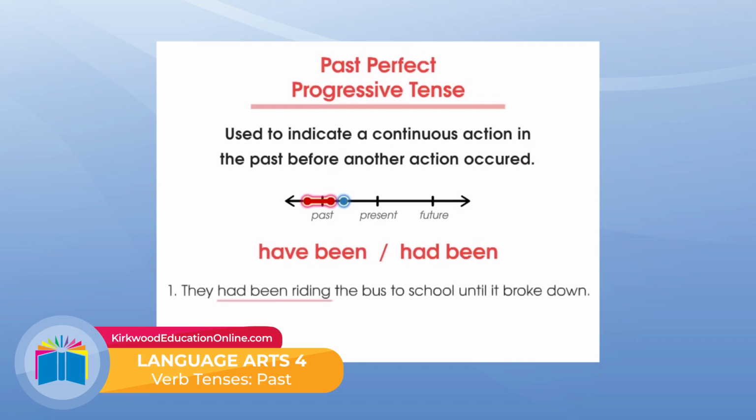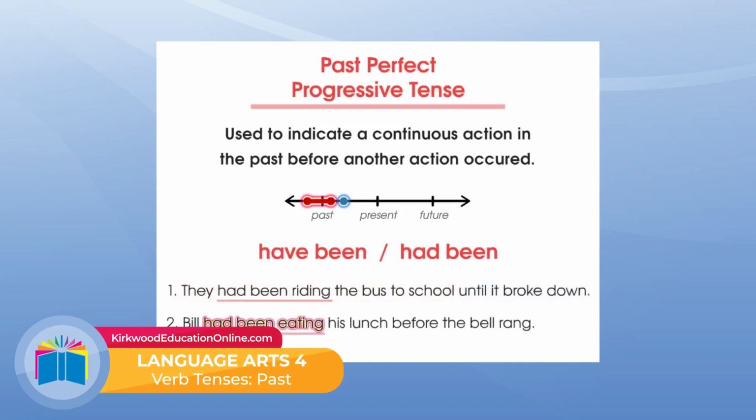Look at sentence number 1. They had been riding the bus to school until it broke down. Shows a continuous action. That action ended. Another action occurred. They had been riding the bus until the bus broke down. Look at the next sentence.